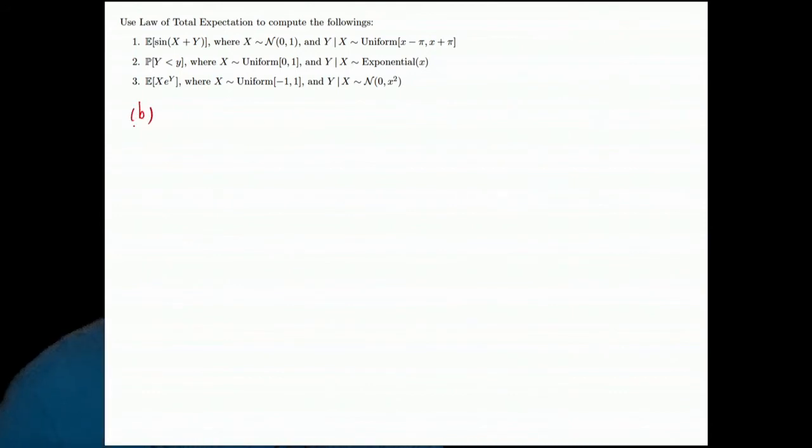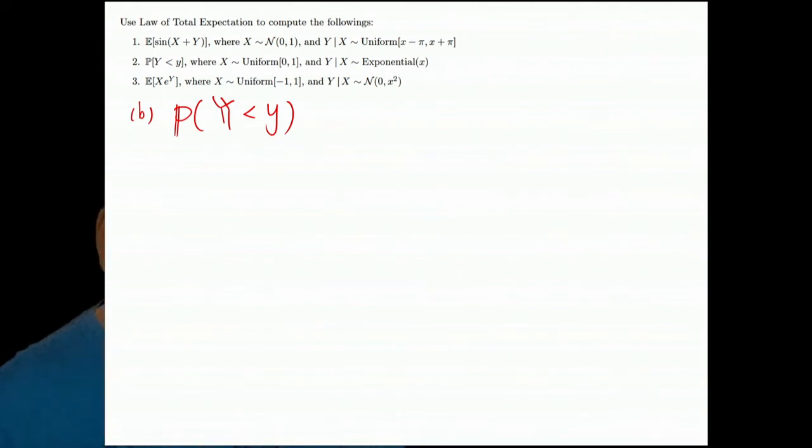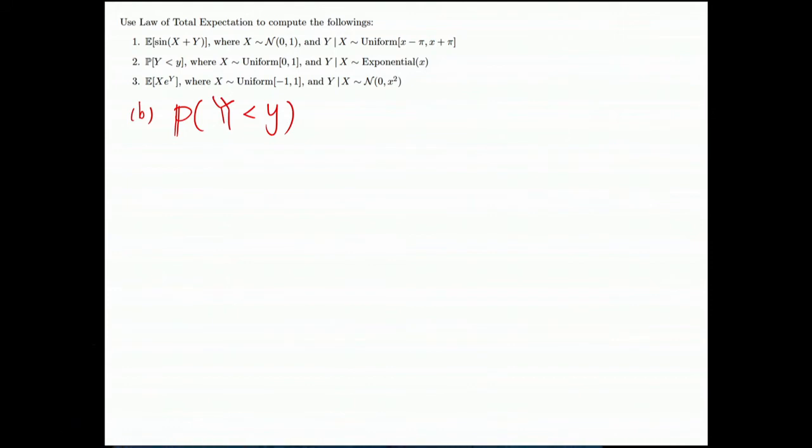Next, we want to find the probability of Y less than y, and I give you that x is uniform distribution and y given x is exponential. So what does this mean? It's just like a CDF, so it's a CDF over y.